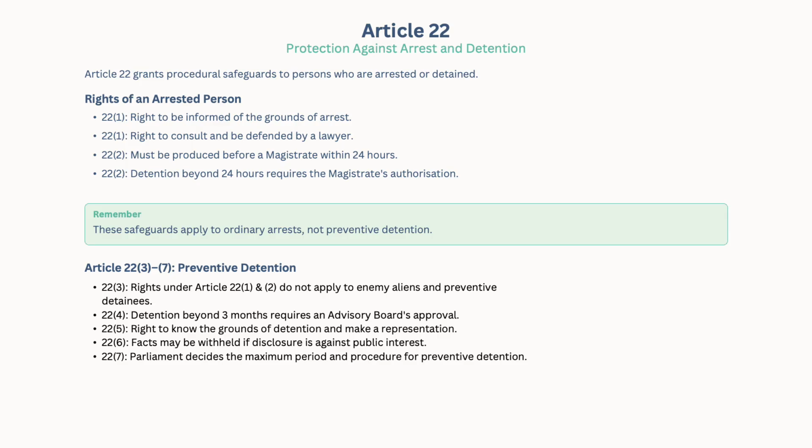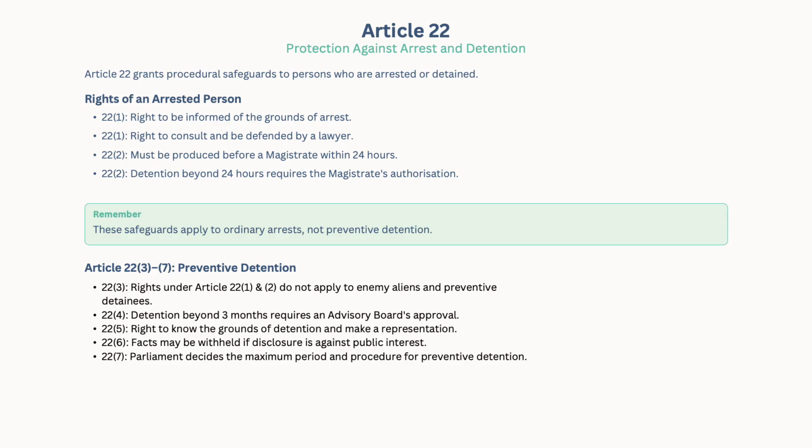Preventive detention means they arrest you before you commit the crime because they think that you will commit the crime, to prevent you from committing a crime. So there are two rules for both arrest as well as preventive detention.